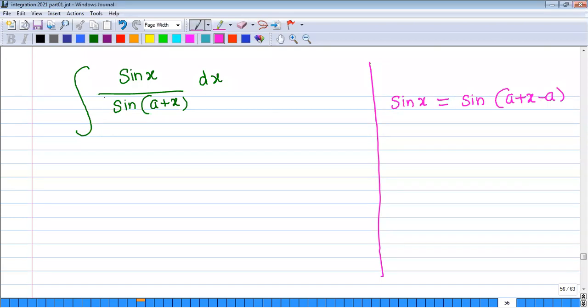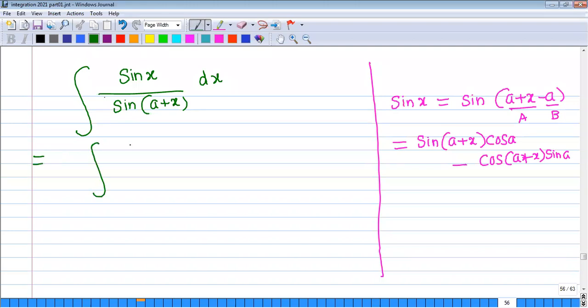Yes, sir. Now this is say capital A, and this is capital B. Sin of A minus B formula, expand: sin of a plus x cos a, minus cos of a plus x into sin a.